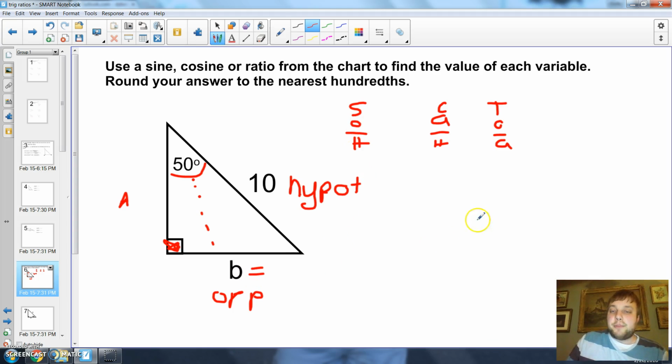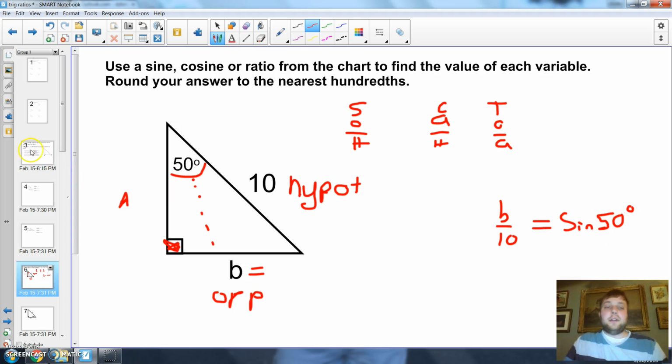So I'm going to take my opposite, which is b, and put it over my hypotenuse, which is 10. Now this equals sine of 50 degrees. So the sine of 50 degrees is the same thing as b over 10.